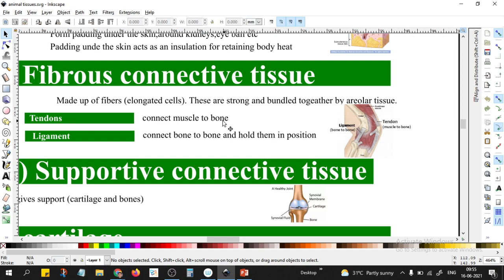Ligament is what? Ligament is bone to bone. Here we have the femur bone, and here this is the tibia. This is a long bone in the legs. So the bone to bone attachment here is by ligament.